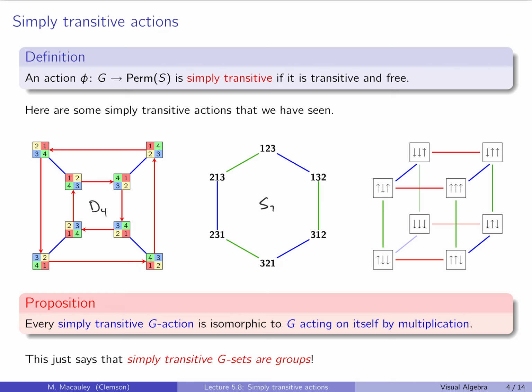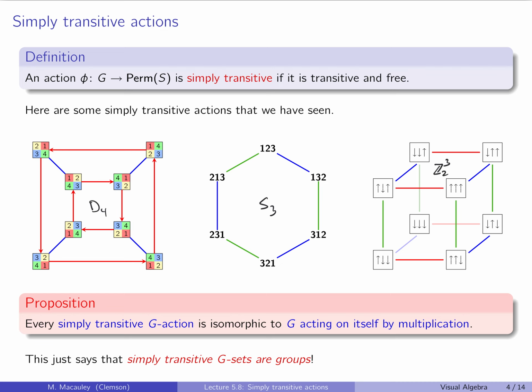This is S3 acting on 6 permutations of the word 1, 2, 3. And this is Z2 cross Z2 cross Z2 acting on the 8 configurations of 3 light switches.